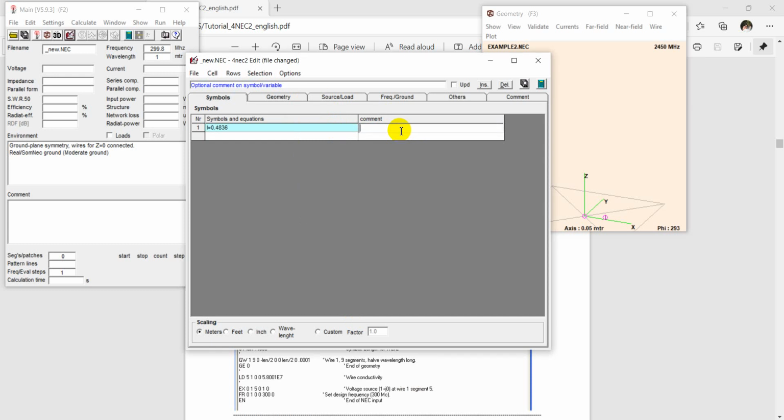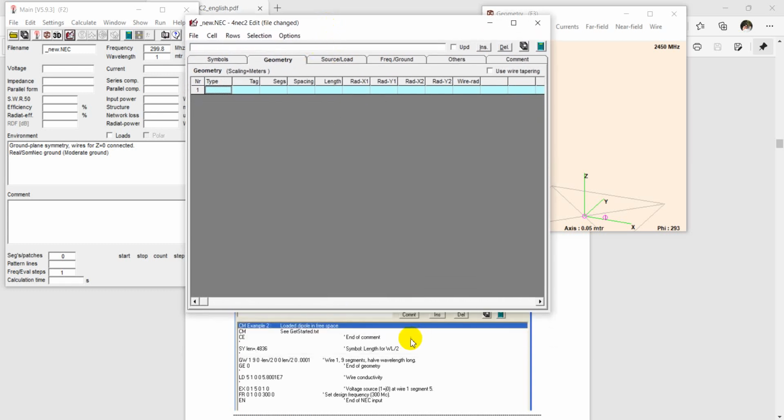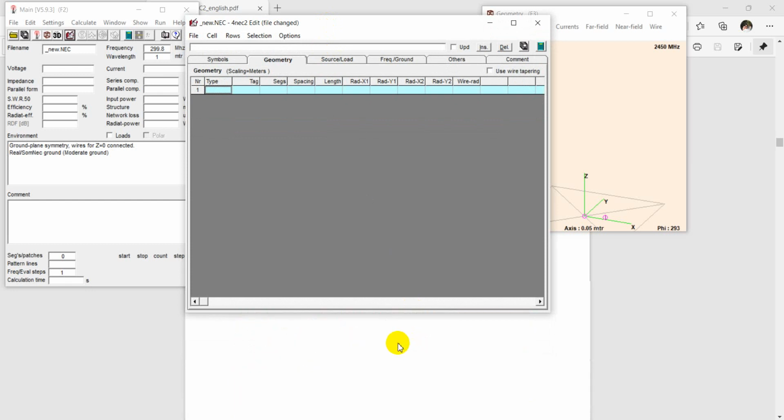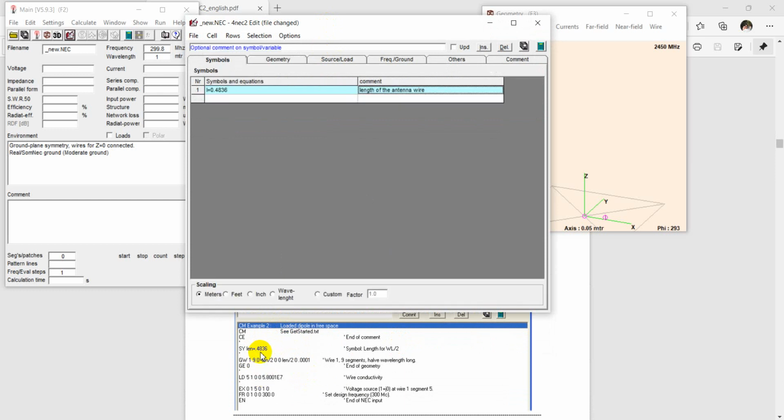So if you want to add a comment, you can type LEN of the antenna wire. It's not a mandatory portion, but you can fill it in for your visualization. Now you can see below in the window that we are taking the symbol as 0.4836.